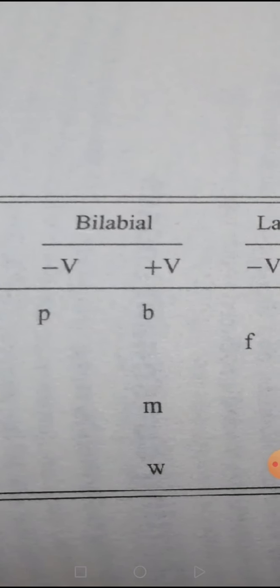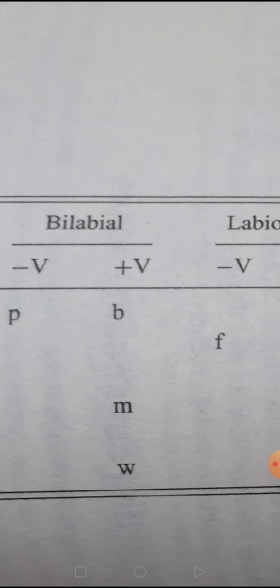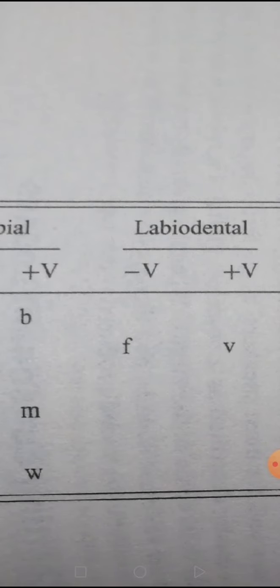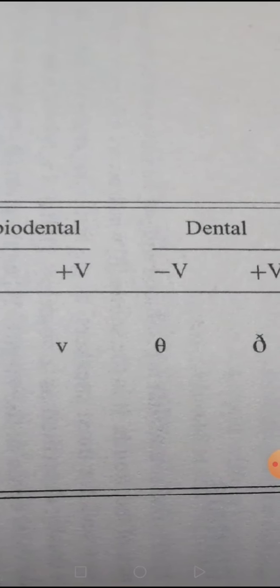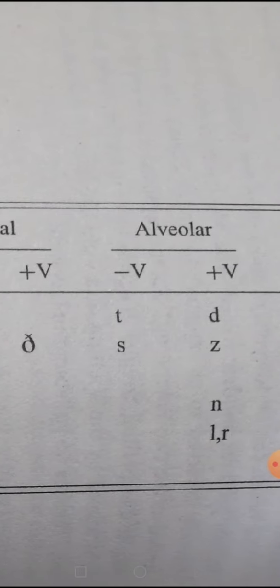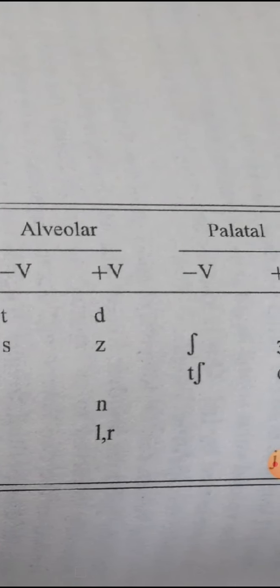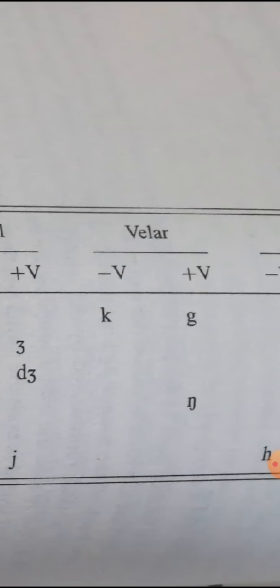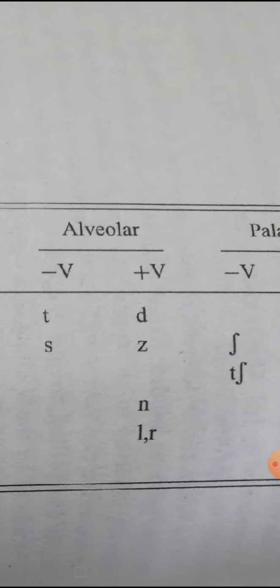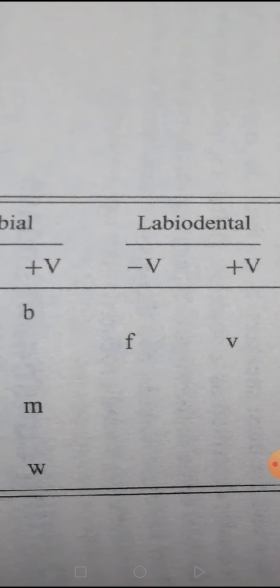We have p, b, and then we have t, d, k, g. How are they produced? I'm talking now in a linear way, not in a vertical way, about stop sounds.